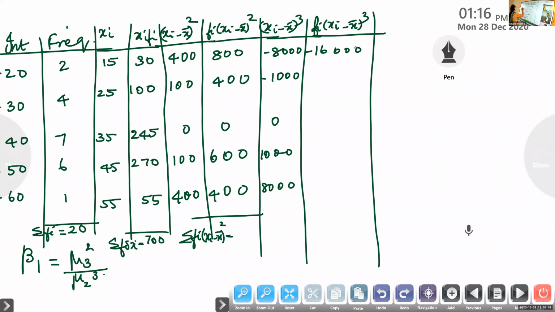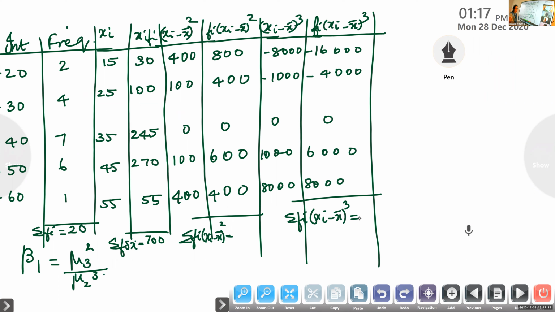Fi, isn't it, frequency into that: minus 4,000, 0, 6,000, 8,000. Then find out what is sigma fi into xi minus x bar the whole cube.